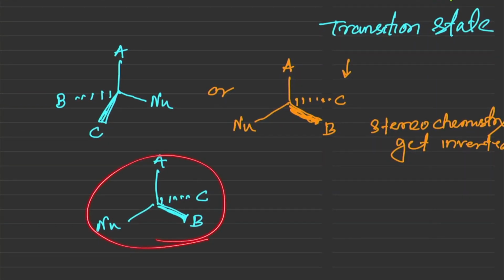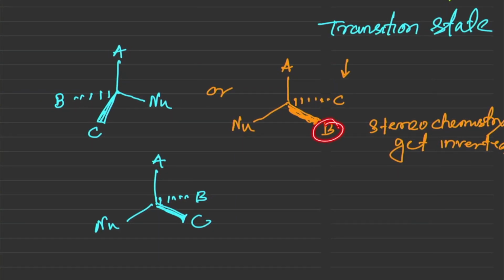Okay, so this is the same as this one, right? But if you replace B and C, where you replace the B from the top to the bottom and C from the bottom to the top, and also you flipped the nucleophile as well, then this is the wrong structure. So this is wrong.